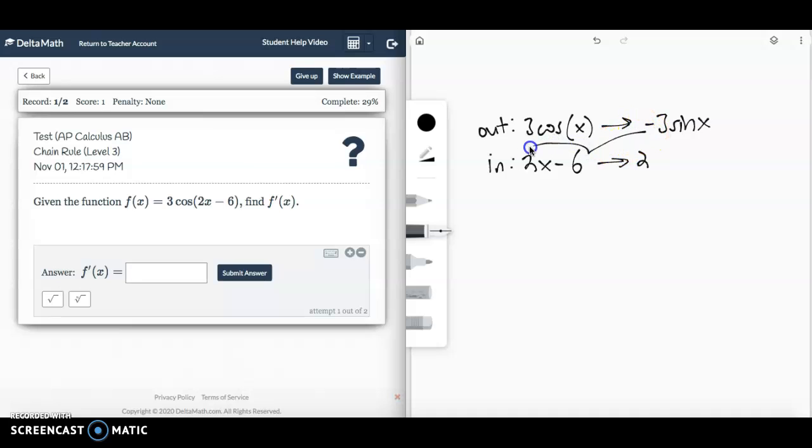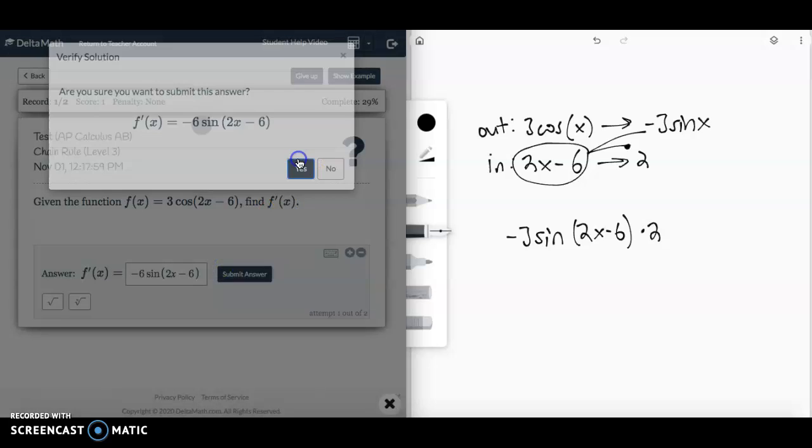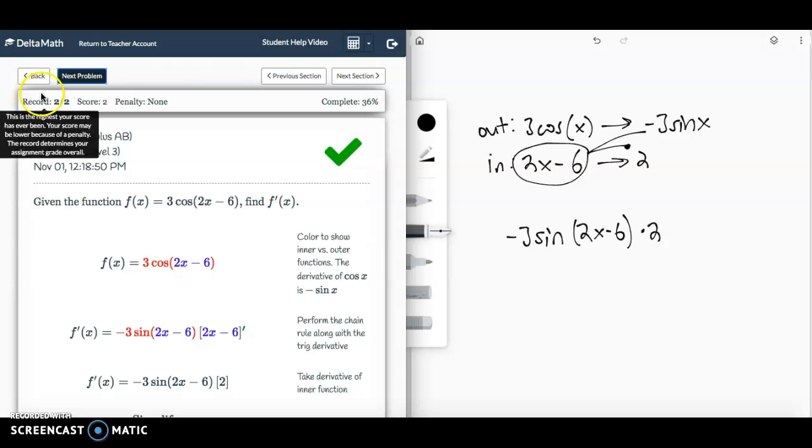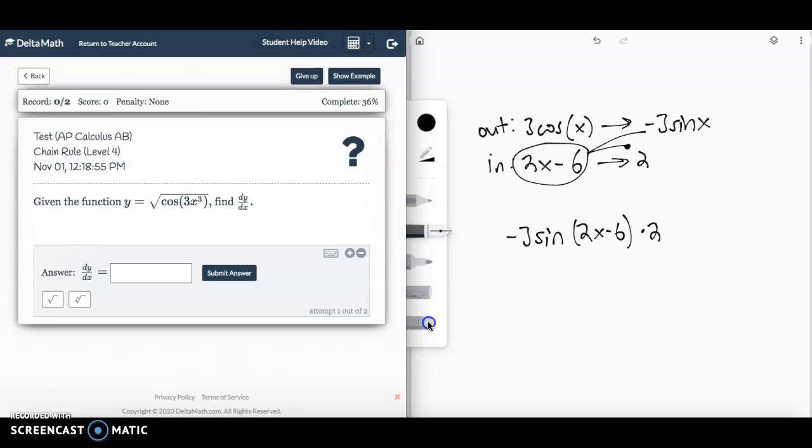Derivative of the outside, keep my inside the same, times the derivative of the inside, so negative 3 sine of (2x minus 6) times 2. Negative 6 sine of (2x minus 6). Nice.